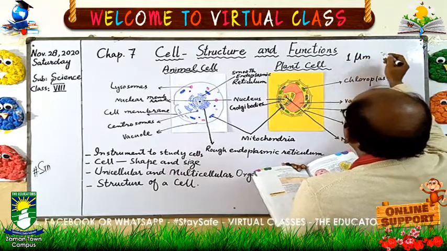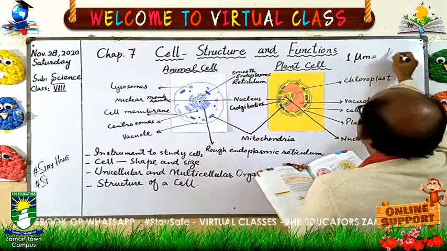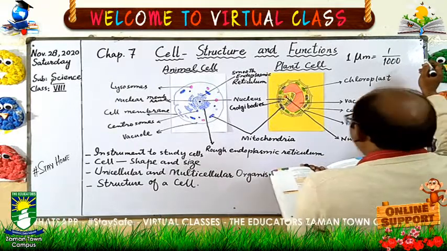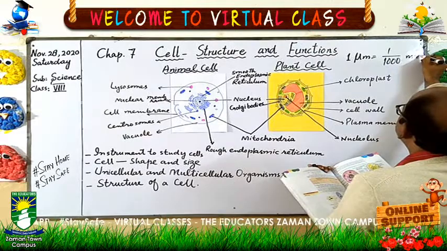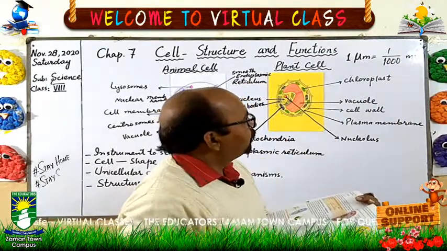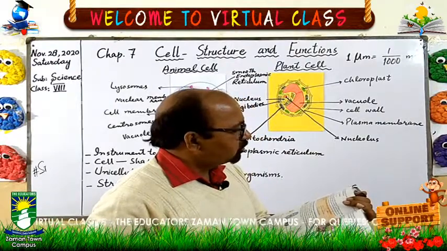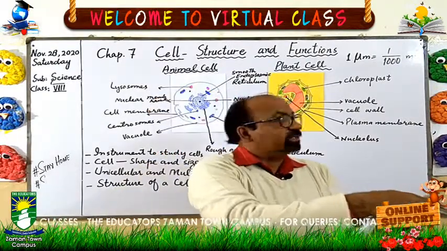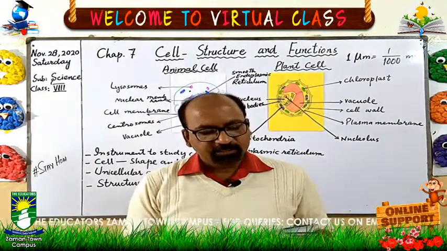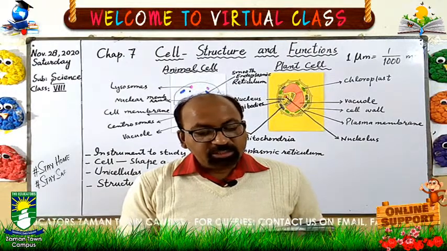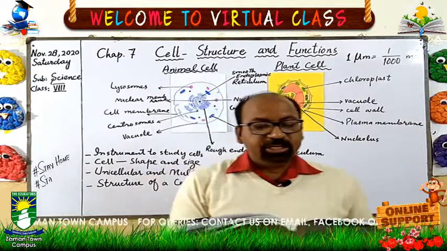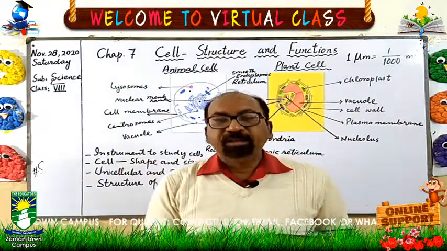It means 1 micrometer is equal to 1 upon 1000 of a millimeter. So micrometer is the unit with which we measure the cells. The size of the cells varies from 0.1 micrometer to as big as 170 millimeters in length.